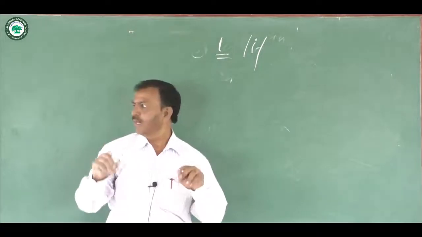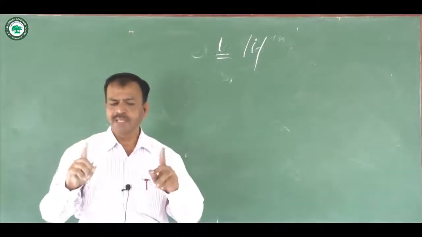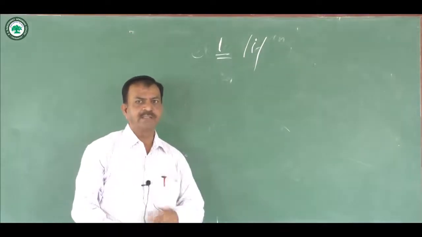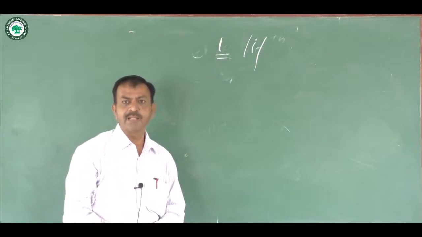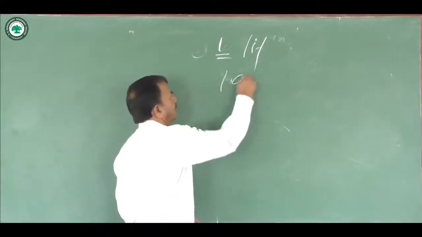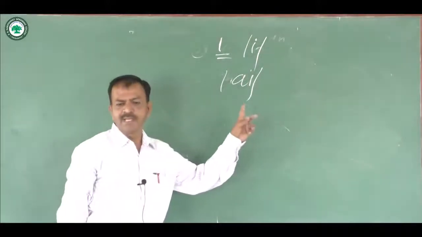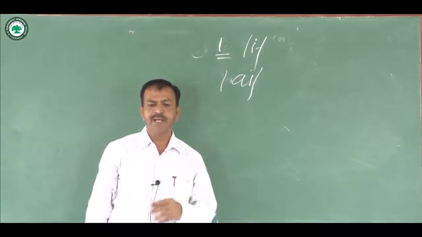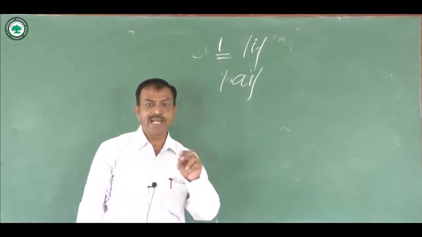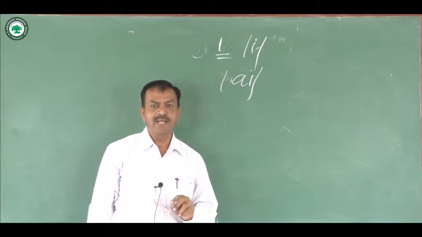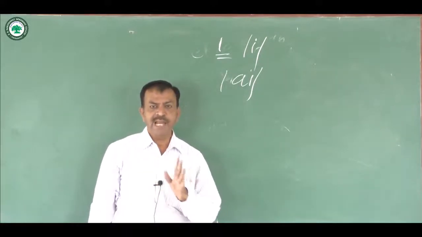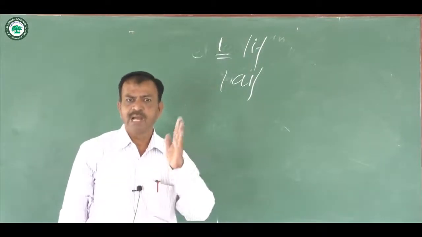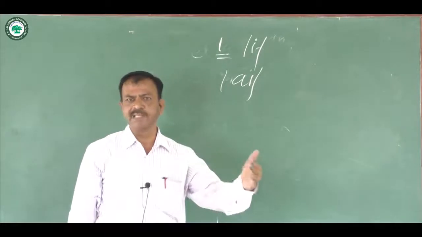Here letter I is pronounced as E. Or sometimes the same letter can be pronounced as I. For example, bike, B-I-T, bite, or dice, ice, item, nice, or side. Here I is pronounced as I.